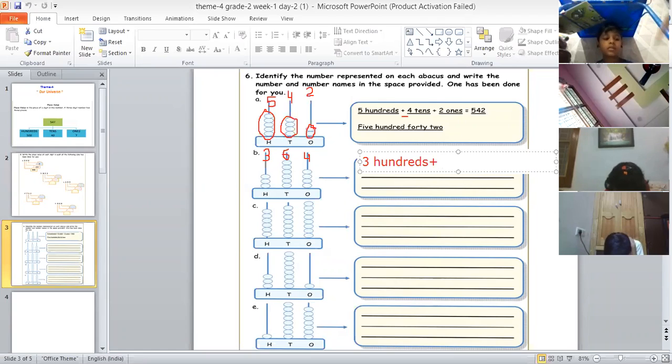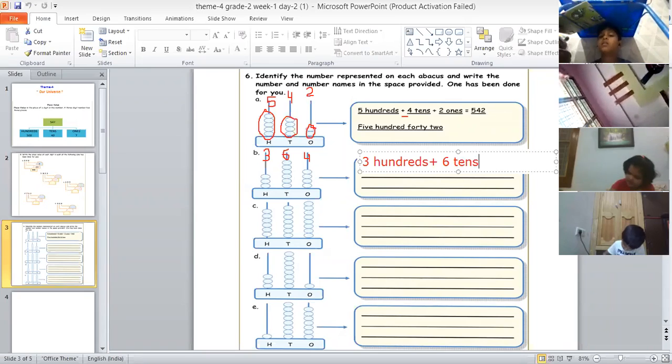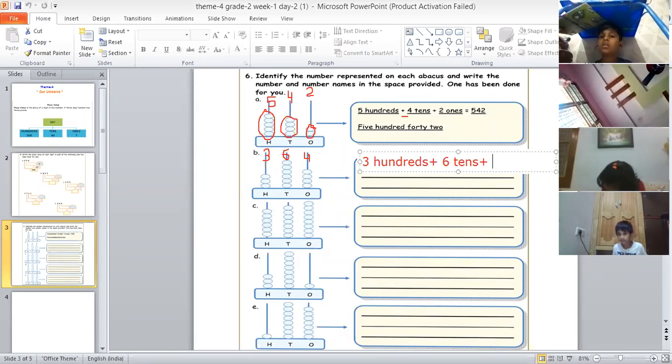Next after 3 is 6, tens. Then plus, and 4, ones. So this is the expanded notation for the number 364. Okay. Very good, Misbah.